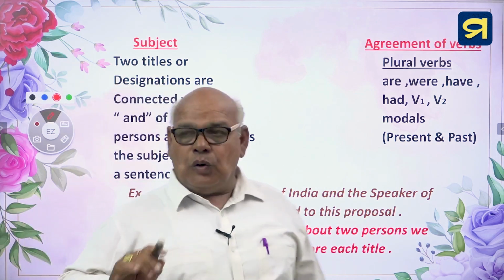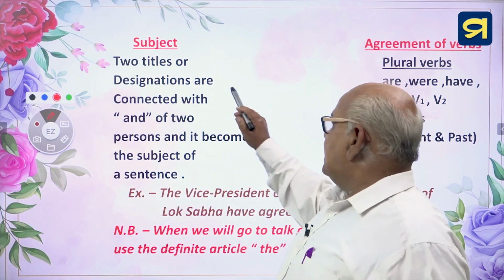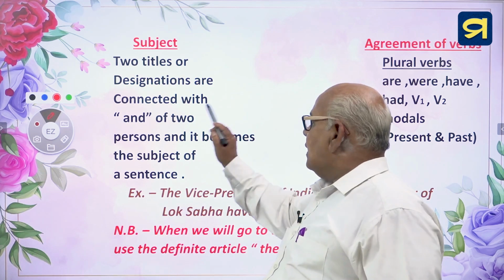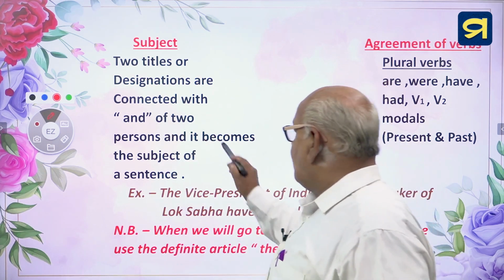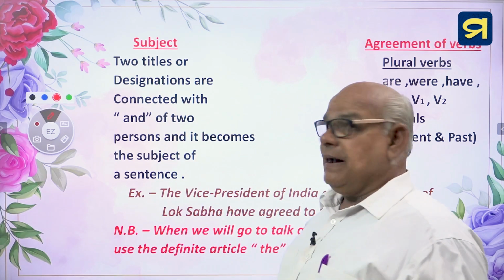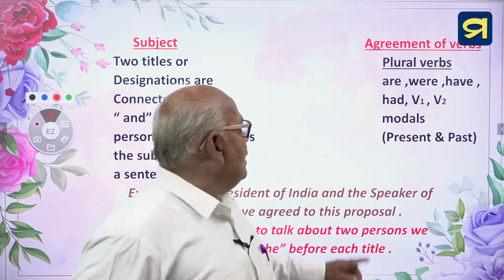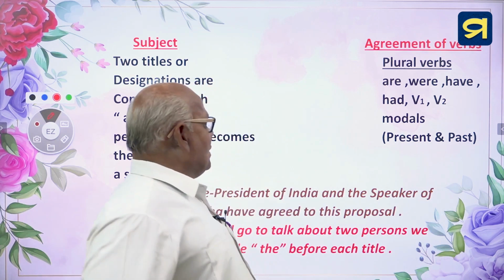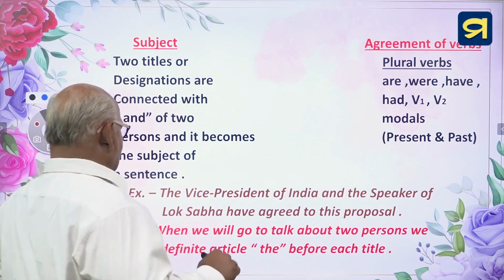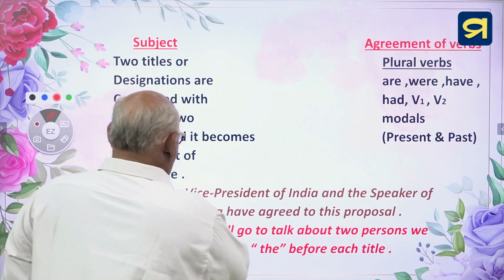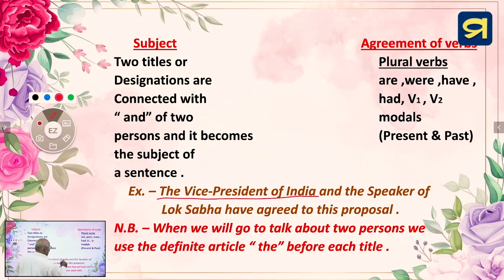Now, when two titles or designations are connected with "and" and refer to two persons, and it becomes the subject of a sentence, then it takes plural verbs like this. Let us discuss some examples. The Vice President of India, a designation.